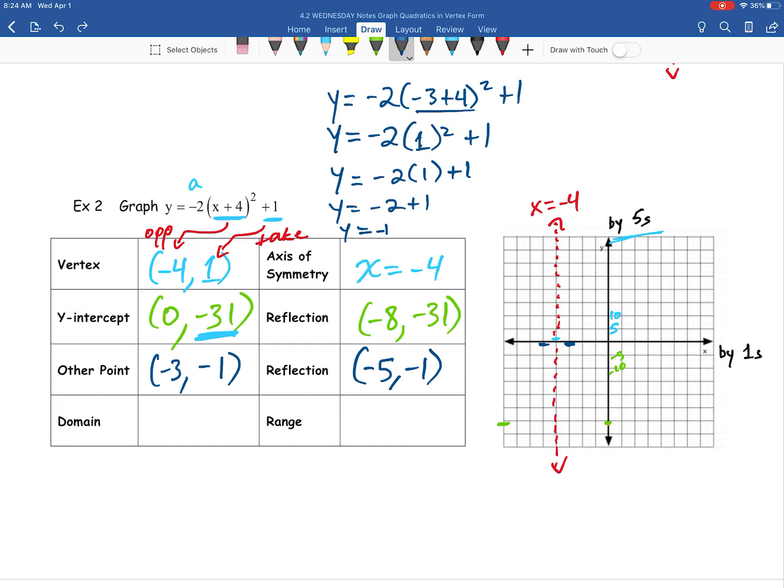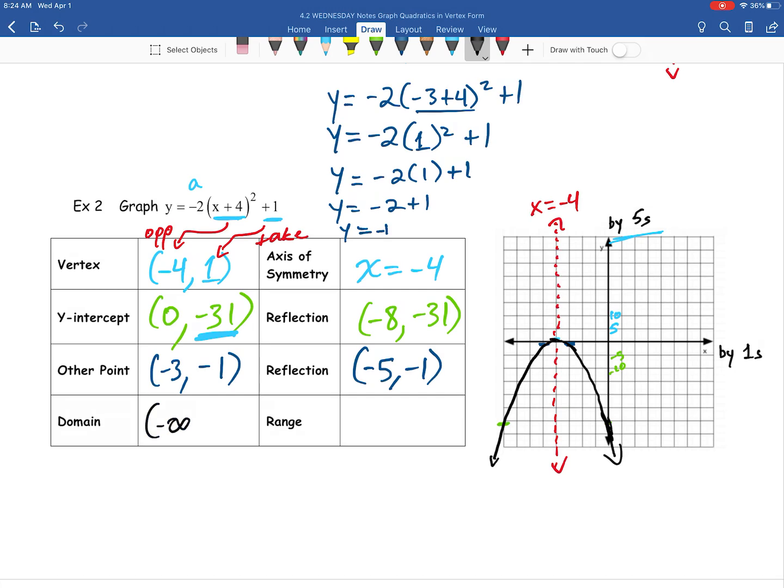And now we can create the general shape of our graph. And when we do that, we would see a shape that does something like this. And so more or less that would be your parabola.